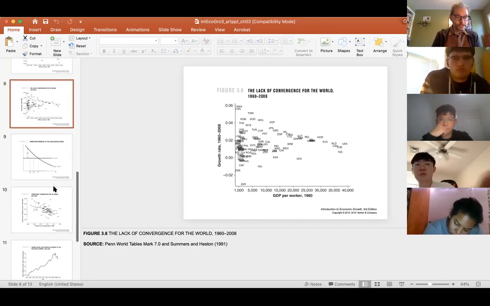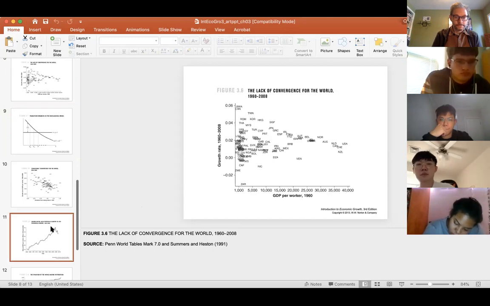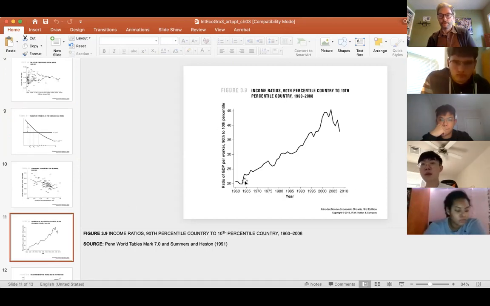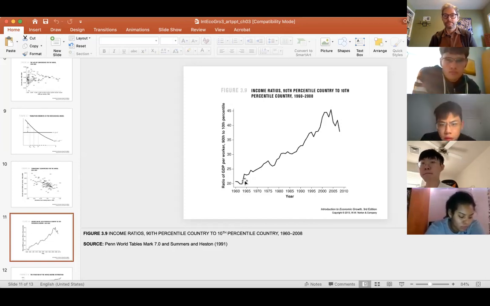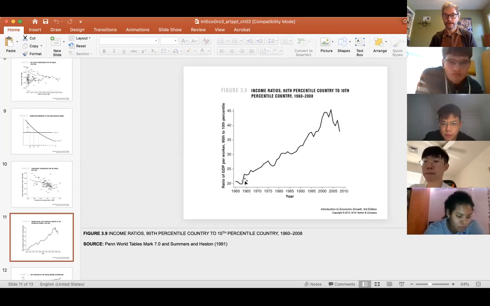So, for instance, if you look here in figure 3.9 from your book, this is the income ratio of the countries that are the richest 10% relative to the countries in the poorest 10%. Okay? And notice that the poorest 10% have really caught up with the richest 10%. That's good news, right?